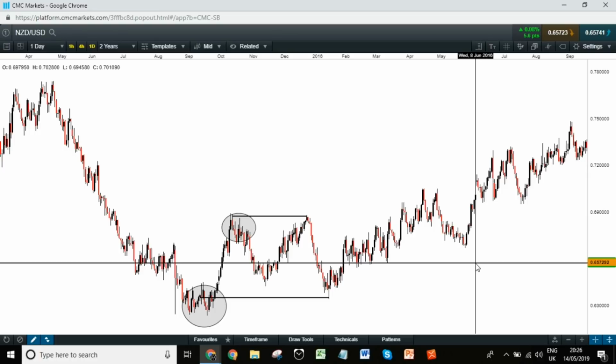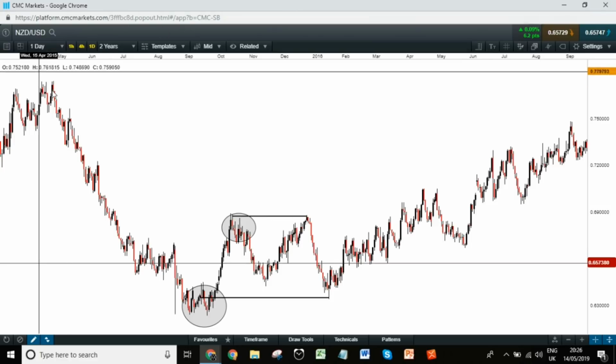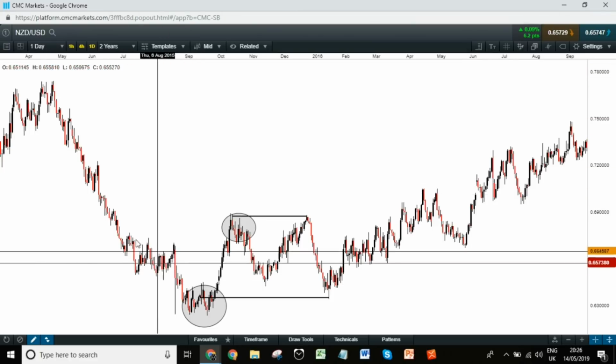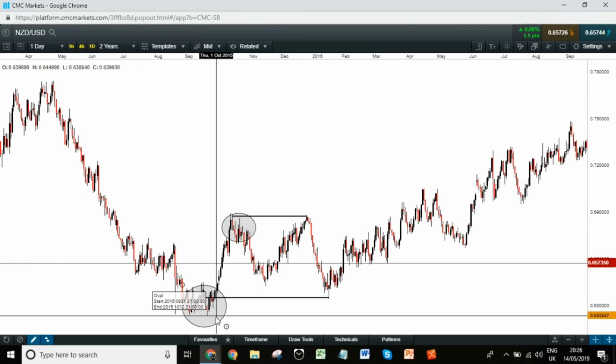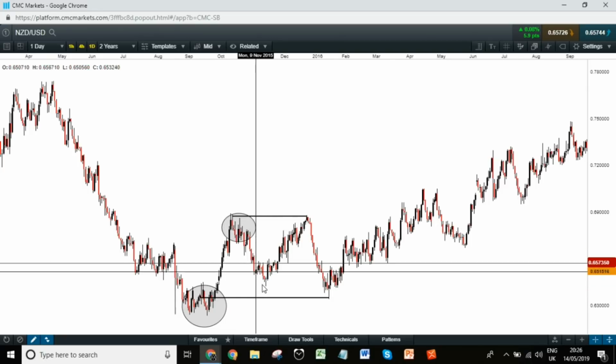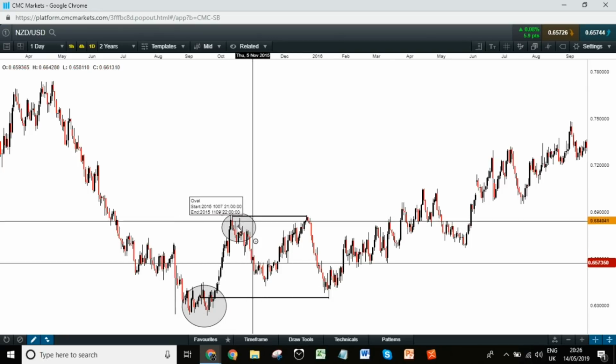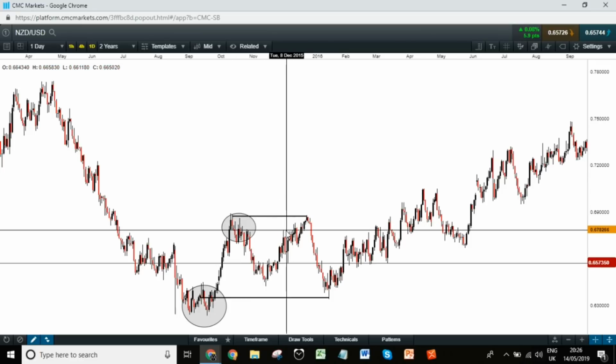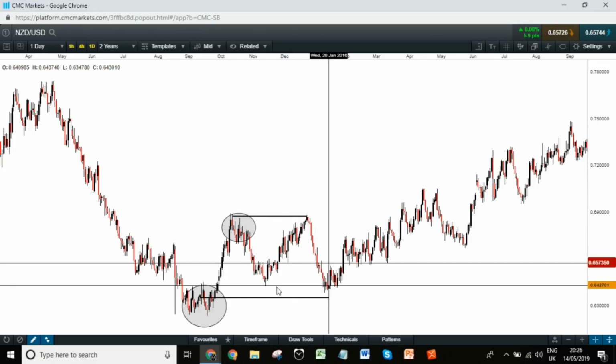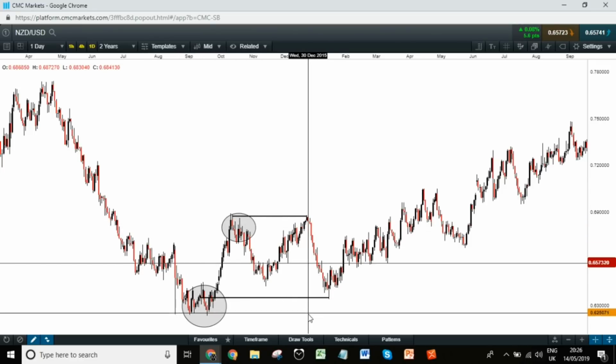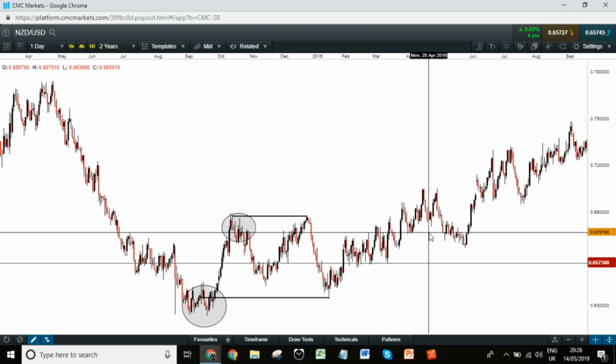But from the context of the daily chart, we can clearly see a massive decline in price. We've got a drop, base, a rally, base, and a drop, and a rally into this rally base drop, and then the market drops down into this drop base rally, and boom, decides to move out of there.